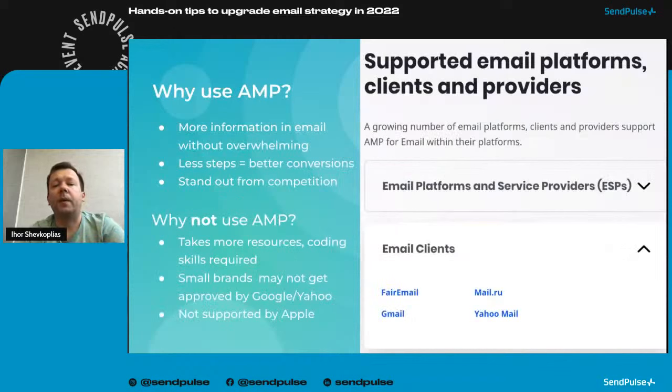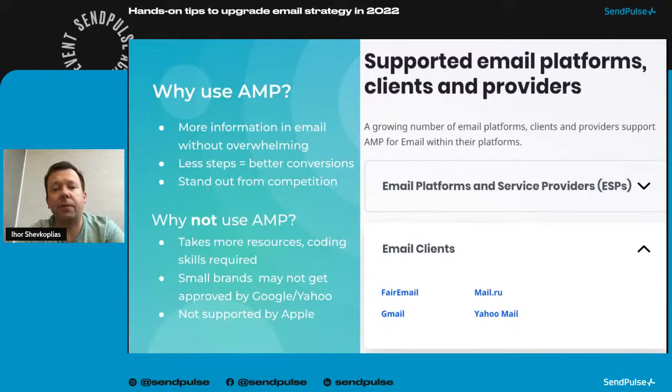There are definitely advantages of using AMP emails, like the ability to add more information without overwhelming the user. You can add several products to one email using a compact carousel or accordion and not overload the customer with information. Second, it's reducing the number of customer steps to conversion.